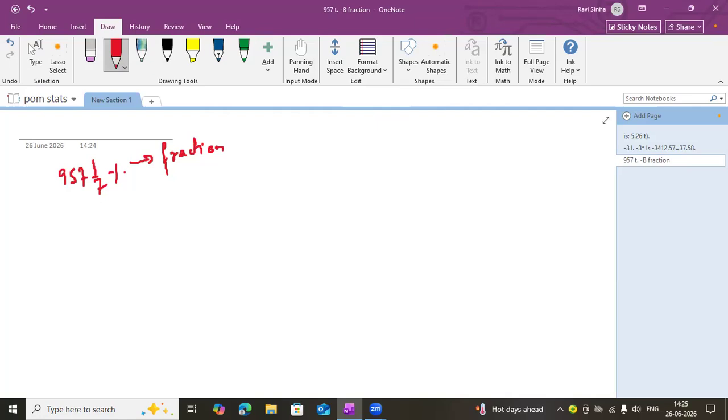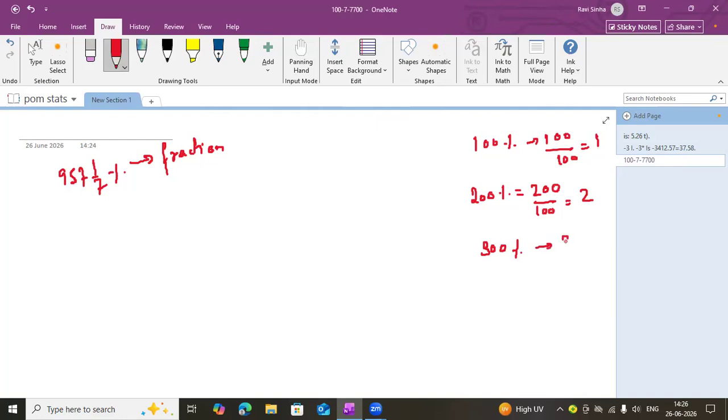So you were given a try to convert this percentage into a fraction. Now let us see how. We need to understand a few things before proceeding with this problem. For example, 100% is 100 by 100, which is 1. 200% is 200 by 100, which is 2. Similarly, 300% is 3, and so on.